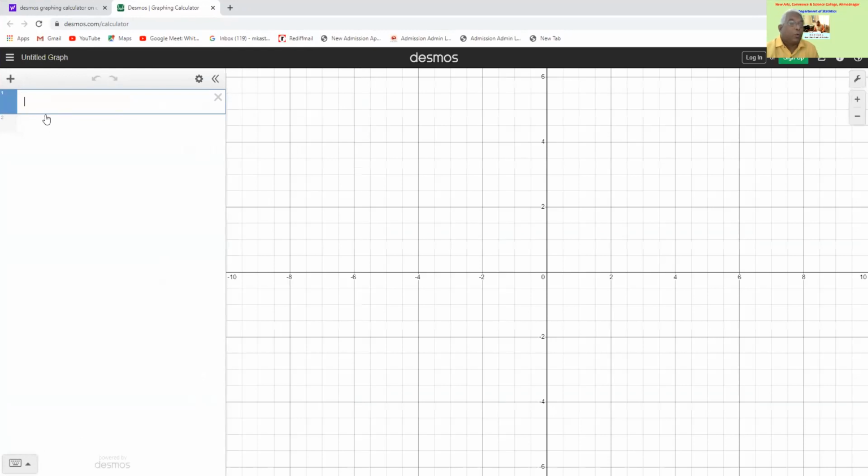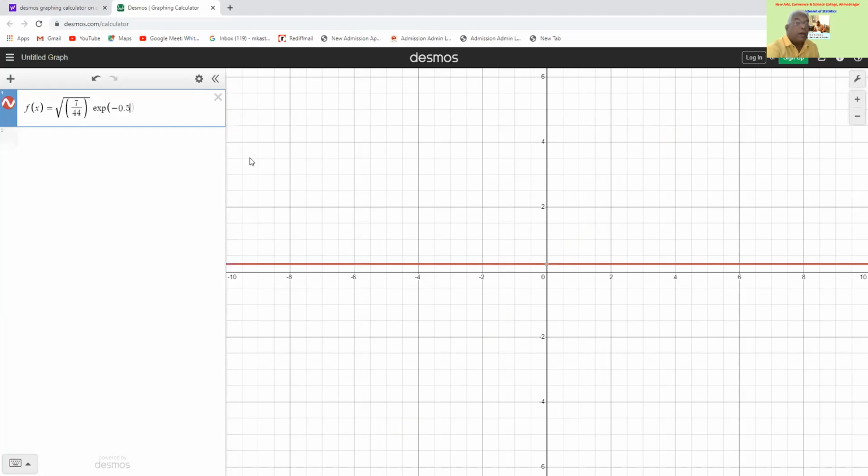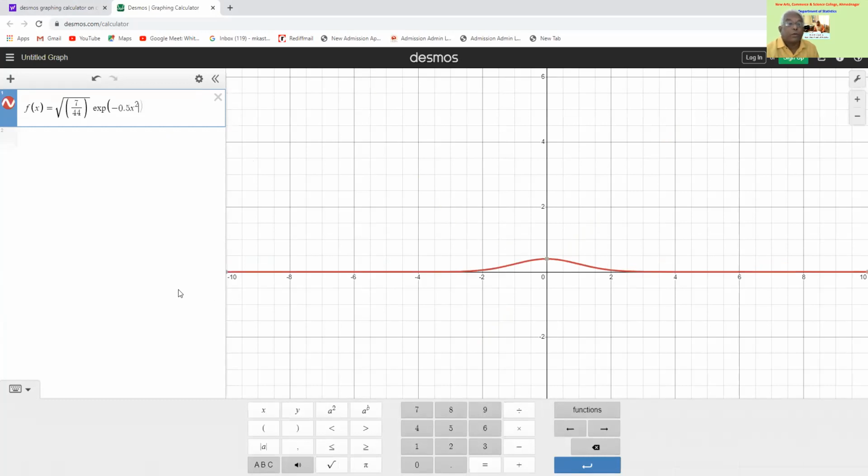Now what I will do is f of x equal to square root of 7 upon 44 and exponential of minus 0.5 x square. This is the normal density I am going to consider.